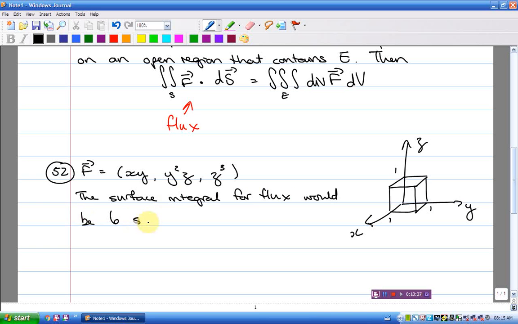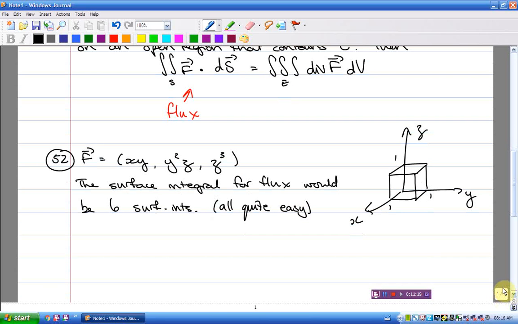None of them would be particularly hard, because your unit normal would be either i or minus i, j or minus j, or k or minus k, since each of the planes of the cube is parallel to a coordinate plane. Also, because each piece of surface is parallel to a coordinate plane, your conversion factor in every case would just be 1. So 6 surface integrals, yes, but 6 very easy ones. I'm not actually going to do that. It'll go up into the worked solutions. I'd rather jump into the divergence theorem.